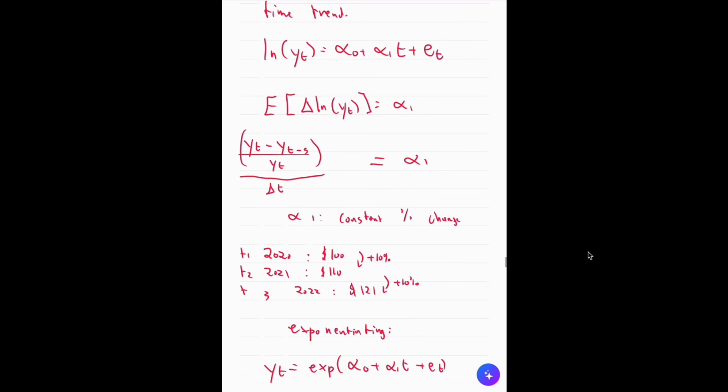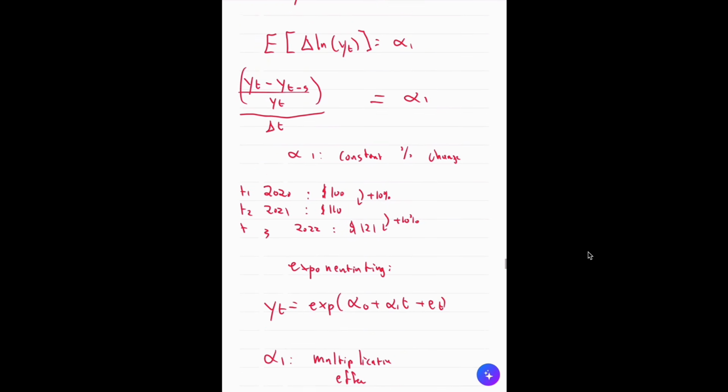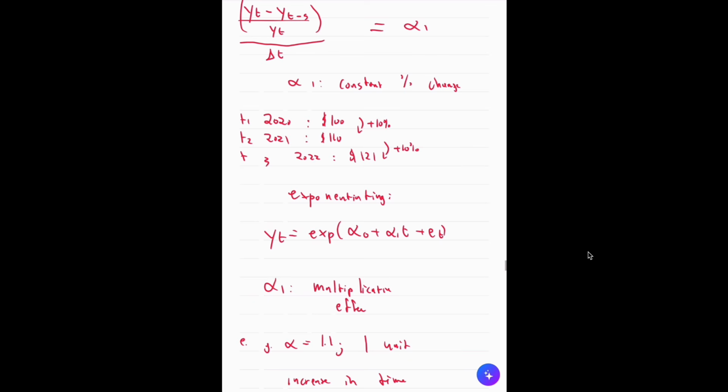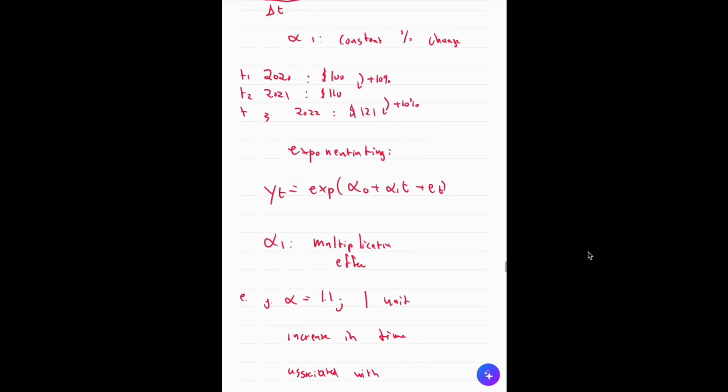It's literally the linear model. We're just logging our y of t. And then when you exponentiate it, you just say y of t equals the exponentiated value of lambda 0 plus lambda 1t plus e, the error term t. How do you interpret that? Well, let's say, for example, lambda 1 is equal to 1.5. You would just say that it is the multiplicative effect of lambda on y.